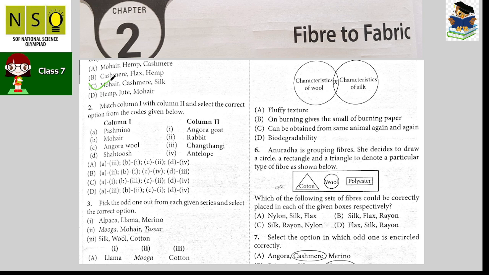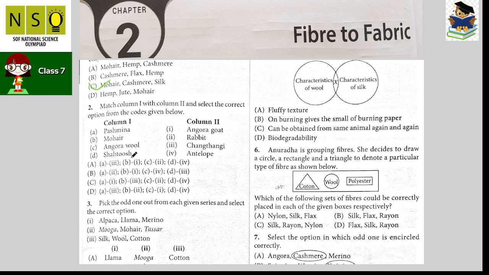Now the second question is, we have to match between the two columns. They have given column 1 and column 2, and we have to do the matching with the correct option. In column 1 it is pashmina, mohair, angora wool, sahatos, and in column 2 it is angora goat, rabbit, chengthangi and antelope.